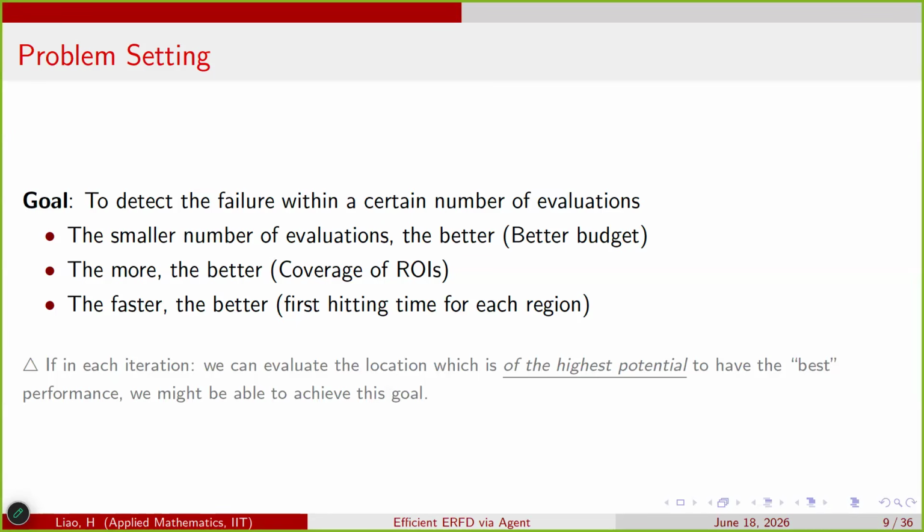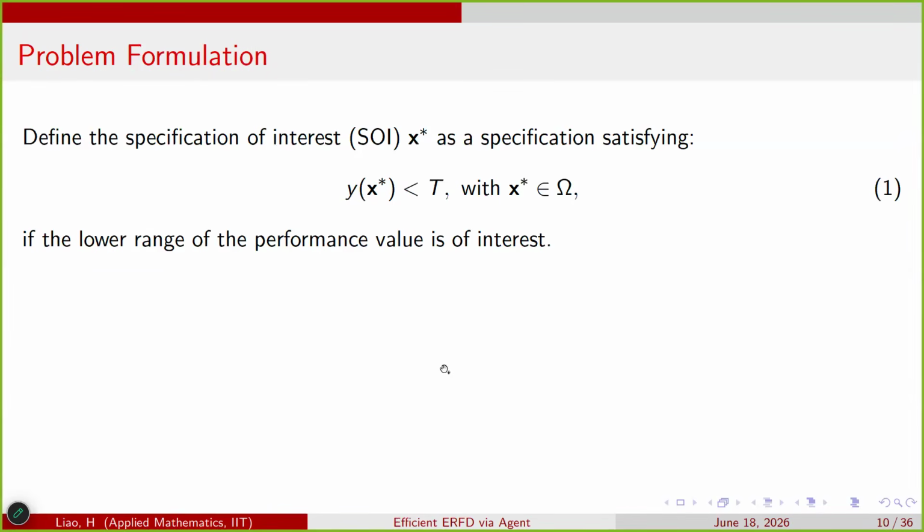Then we may be able to achieve this goal. So some formal definition for this problem: each point satisfying this kind of performance we call the specification of interest.